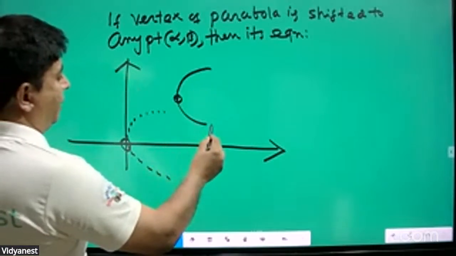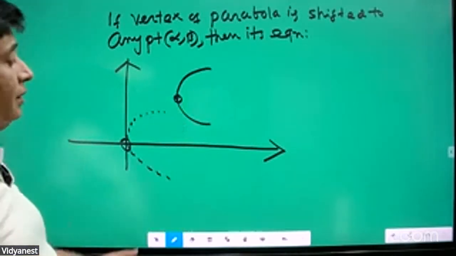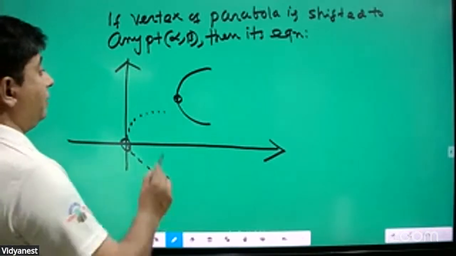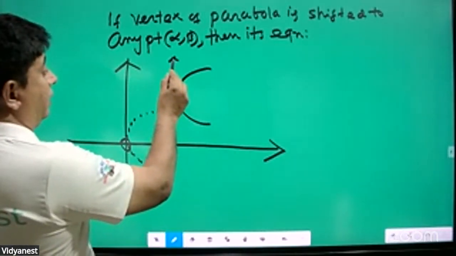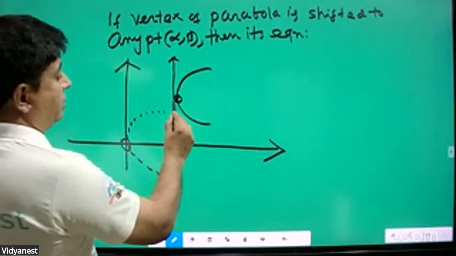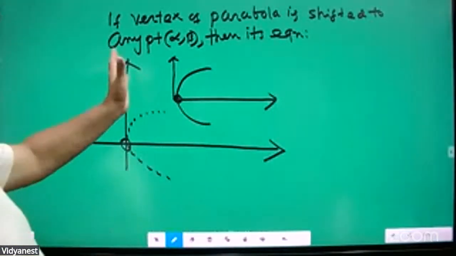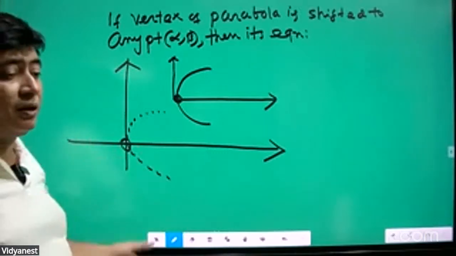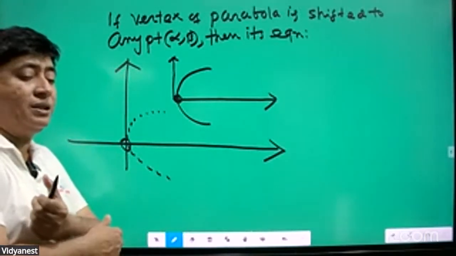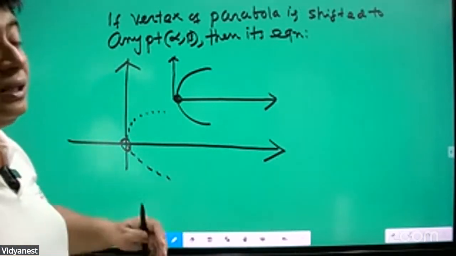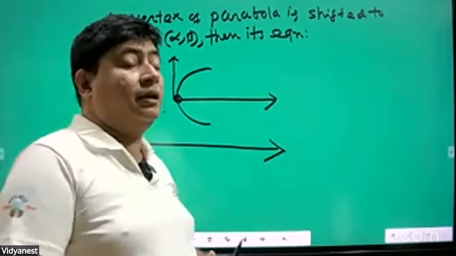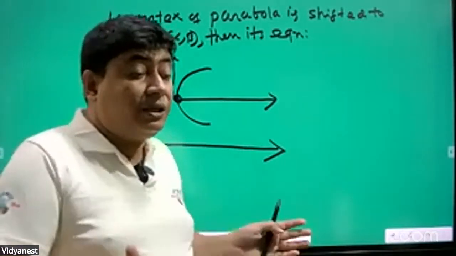The same parabola is so formed. Now, with respect to its new position, there will be a new axis. Obviously, because any coordinate geometry or any geometrical part cannot exist without its axis.